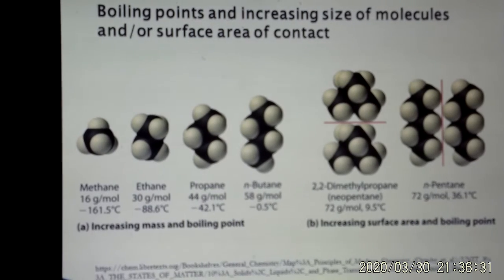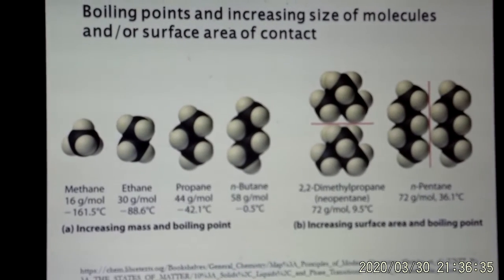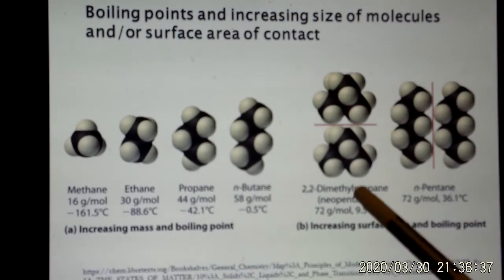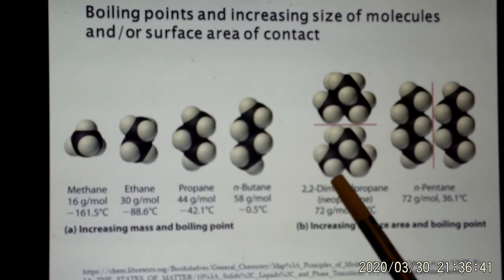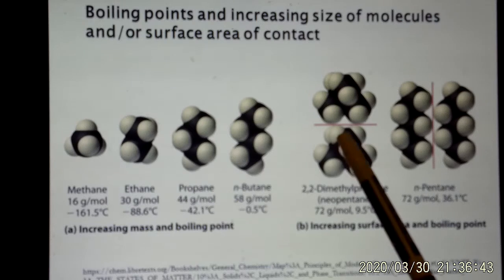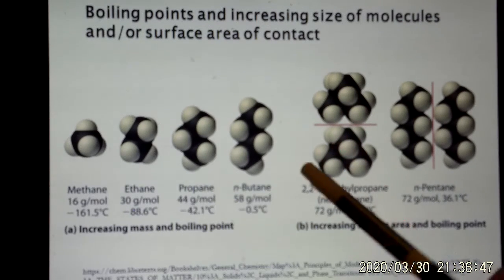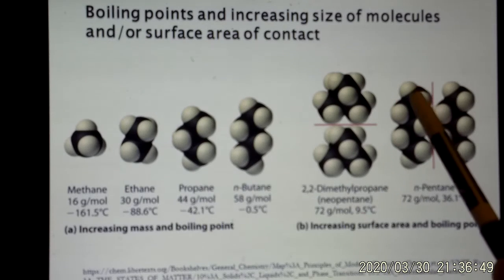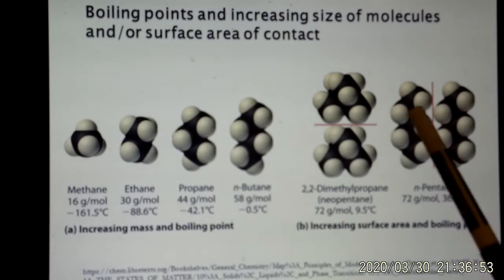Okay, but what happens if I have the same size? So both of these have 5 carbons and 12 hydrogens. This one I have a carbon in the center, and it's surrounded by carbons with 3 hydrogens on it. This one I have 5 carbons in a line, and then the hydrogens on them.